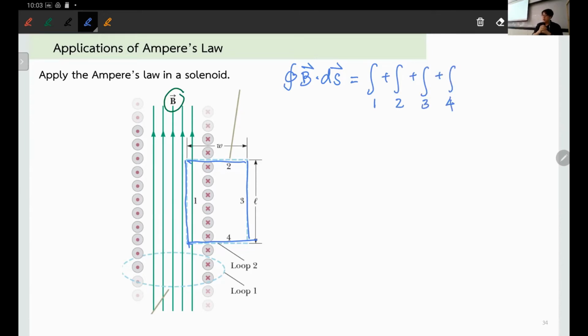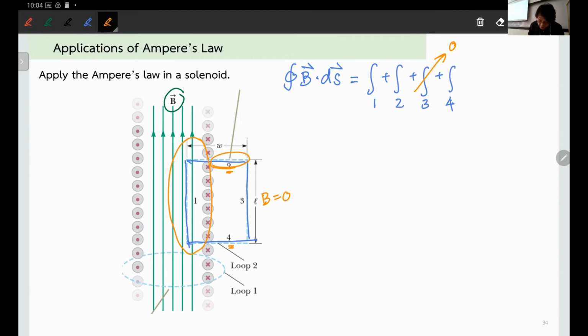But now you can see right away that the magnetic field is only within this region here. So first of all, side number 3 will go to 0 because there is no magnetic field right there. Magnetic field is gone, so that shouldn't contribute anything. Now, when you look at side number 2 and side number 4, that outside has no magnetic field, so that should be no problem. It goes to 0 for sure.